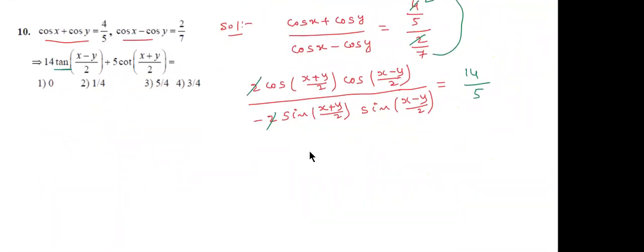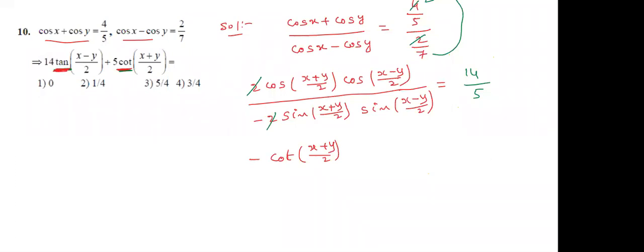Here what is there? x minus y by 2 in terms of tan, x plus y by 2 in terms of cot. Cos by sin, that is cot, minus cot of x plus y by 2. x plus y by 2 we want in terms of cot, but x minus y by 2 we want in terms of tan.